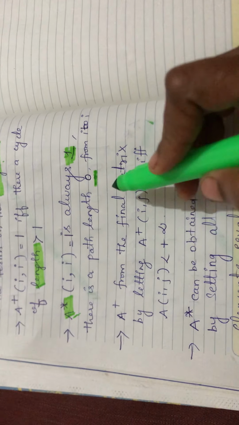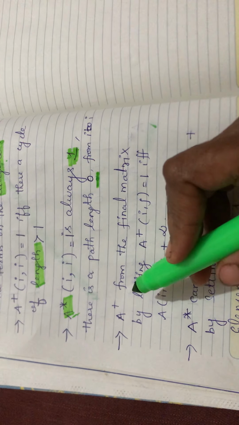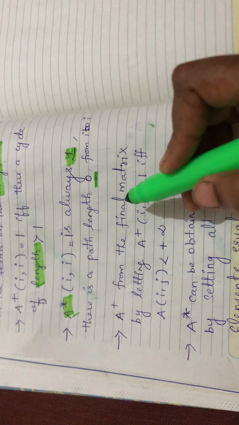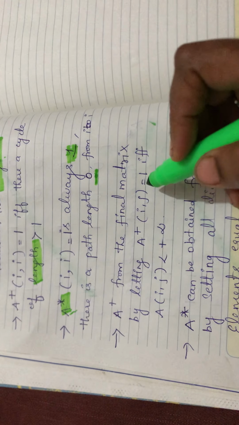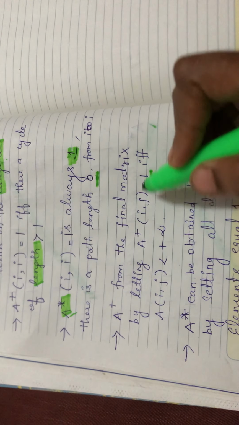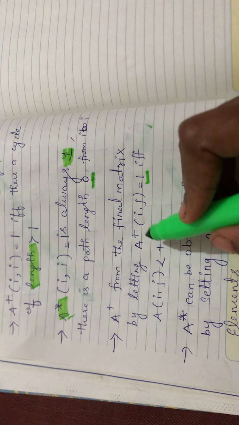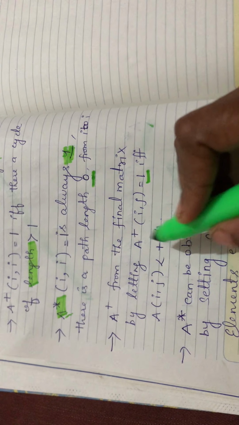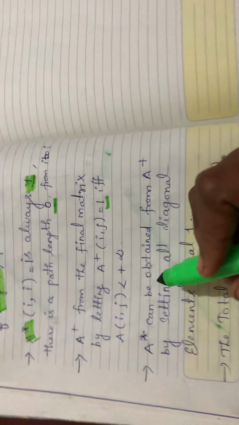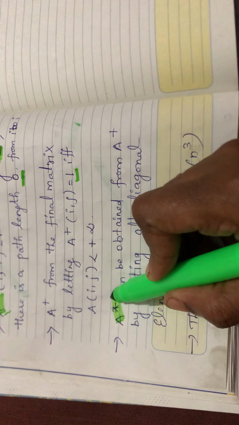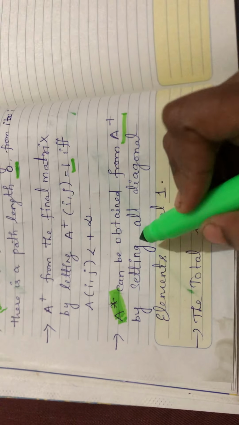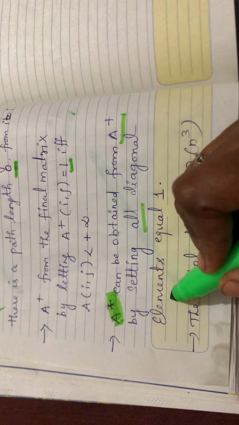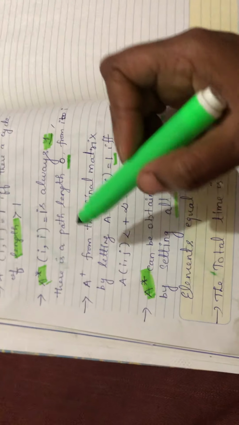A plus is obtained from the final matrix by letting A plus of i comma j equal 1 if A of i j is less than plus infinity. A asterisk can be obtained from A plus by setting all diagonal elements equal to 1.